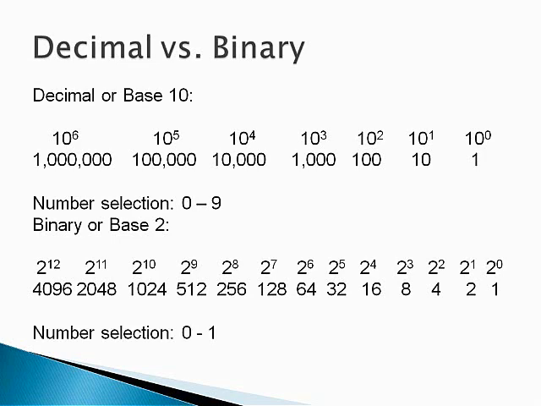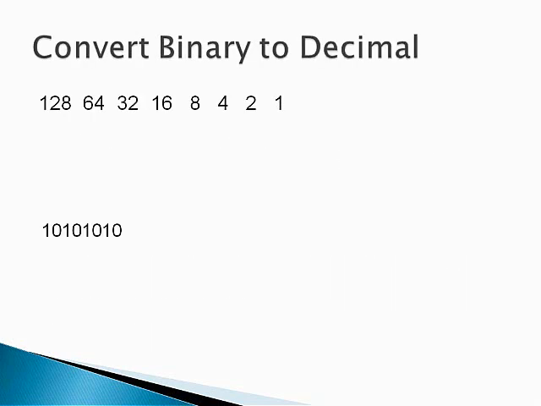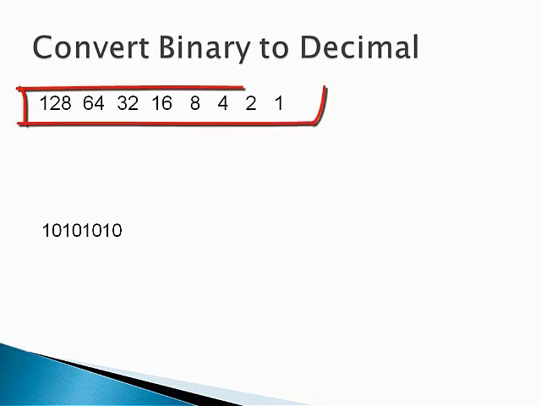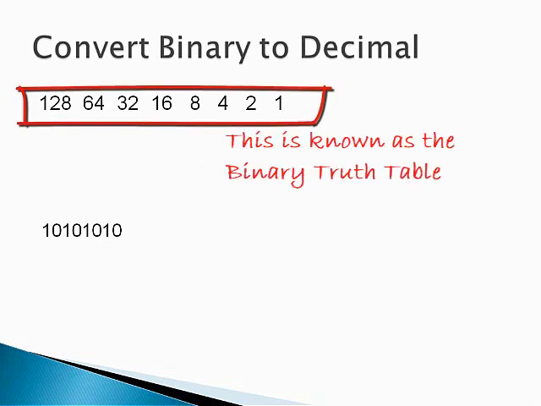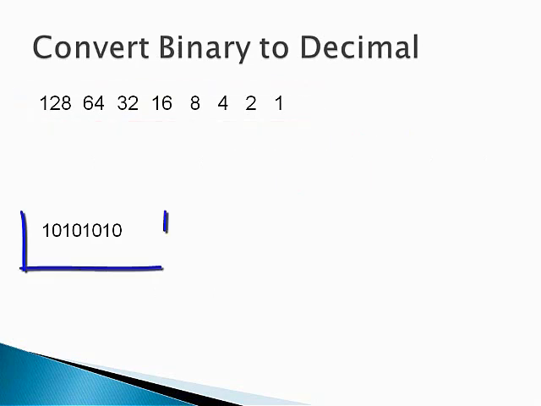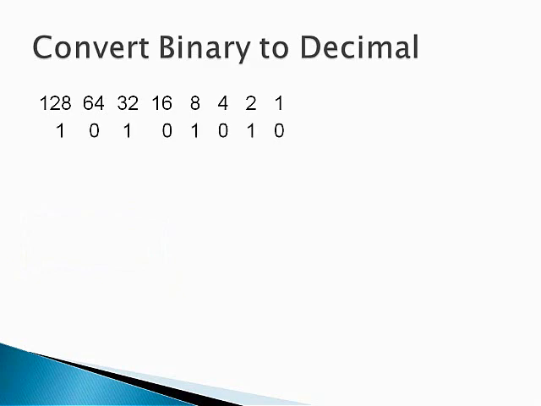Once again, the number selections to represent it are 0 or 1. Converting binary to decimal, we're going to take that 8-bit segment and call it our binary truth table. 1 0 1 0 1 0 1 0. You don't want to say 10, 10, 10, 10, because 10 is not a binary number. You apply those numbers directly under the column values above.